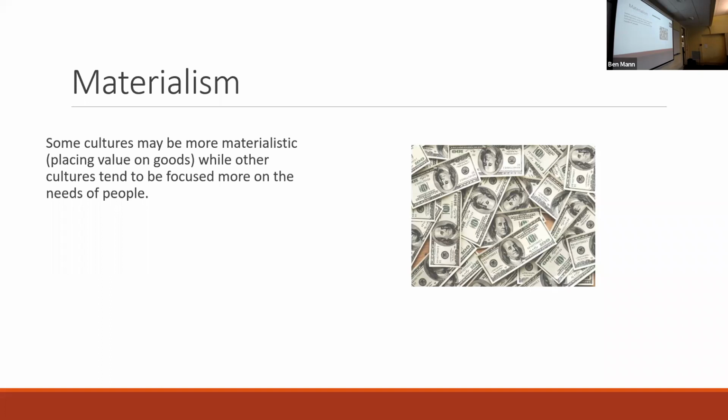Materialism also plays a role, right? Some cultures are more materialistic. That is, they put a greater value or emphasis on things, on objects, where other cultures might tend to place more emphasis on people, right? One example of this is the role of advertising.